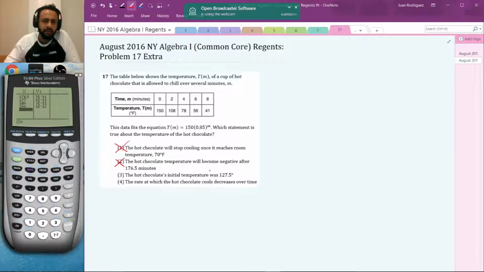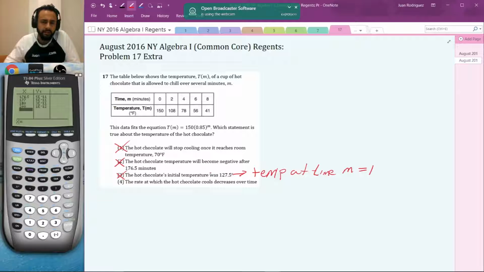Okay. Now, the hot chocolate's initial temperature was 127.5. In fact, the initial temperature was 150. So it was not. The reason this number is here is for students who think the initial temperature is the temperature at time m equals 1.